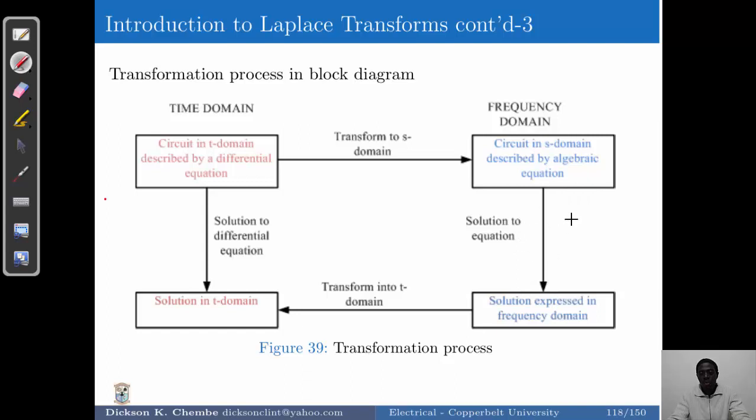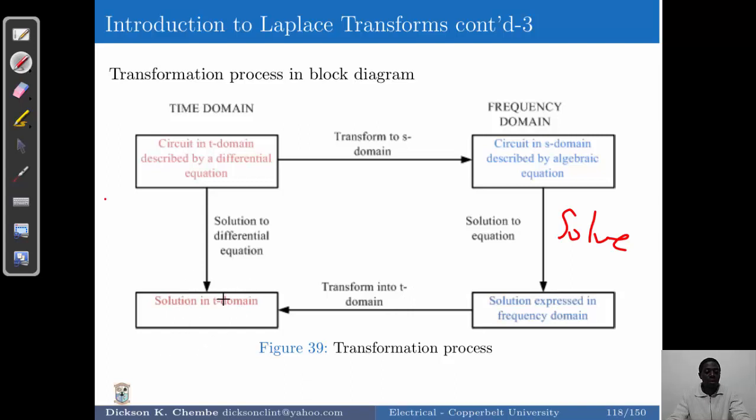Then you solve. After you find your solution, which is expressed in the frequency domain, you convert it back into the time domain, and you obtain your final solution.